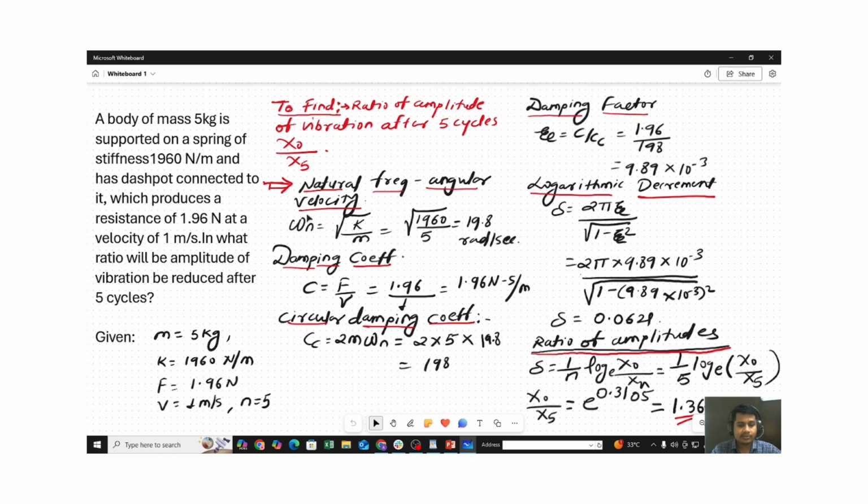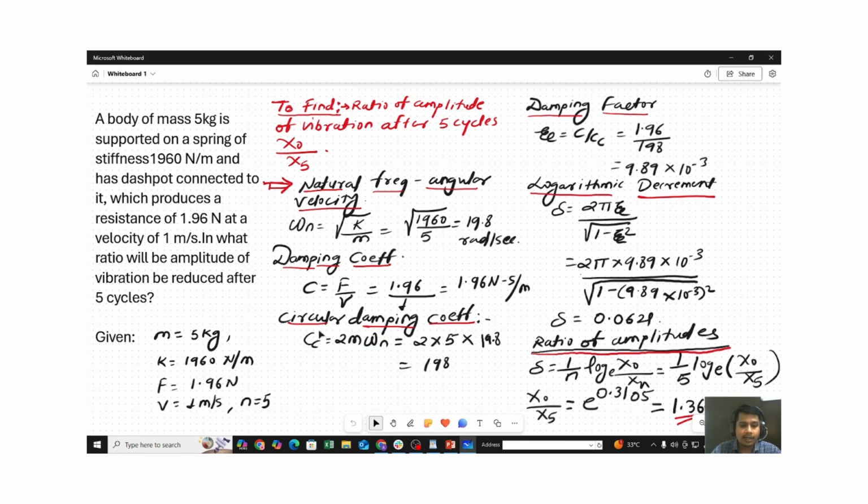After finding omega n, we can go for c, that is force upon velocity. Force is 1.96, velocity is 1, so the damping coefficient is equal to 1.96 Newton second per meter.